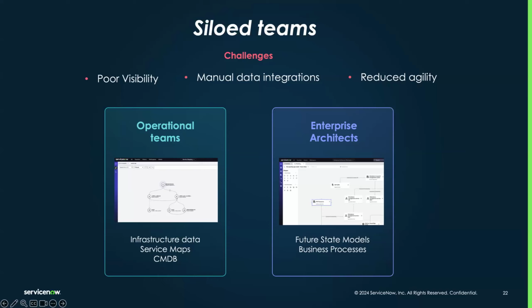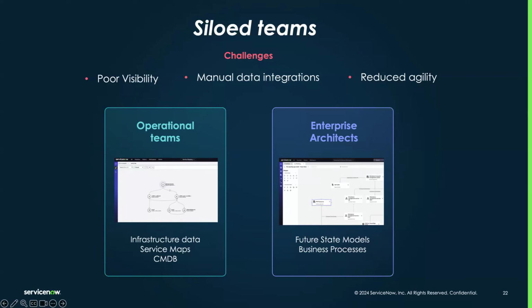The first being poor visibility. Enterprise architects might not have access to the latest operational data, while the operational teams may not fully understand the strategic direction, what investments are being made into technology, and how enterprise architects are driving that business and technology alignment.